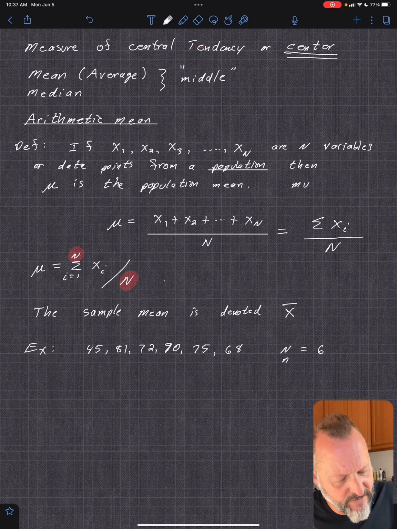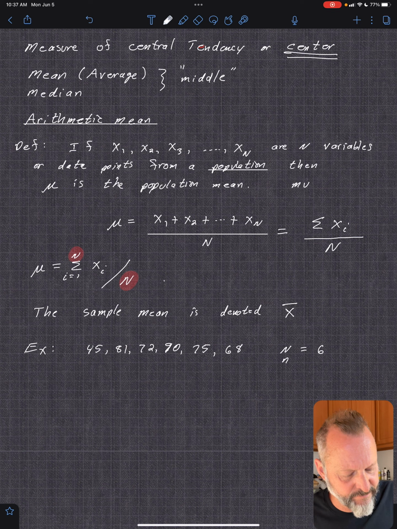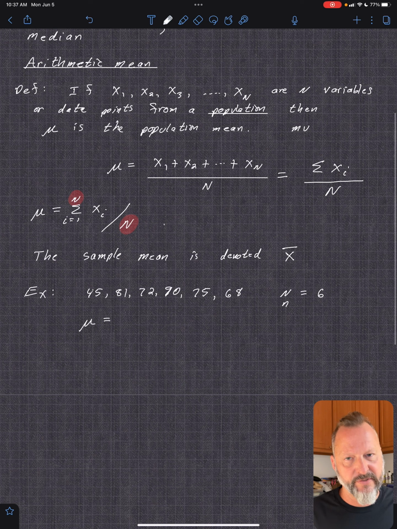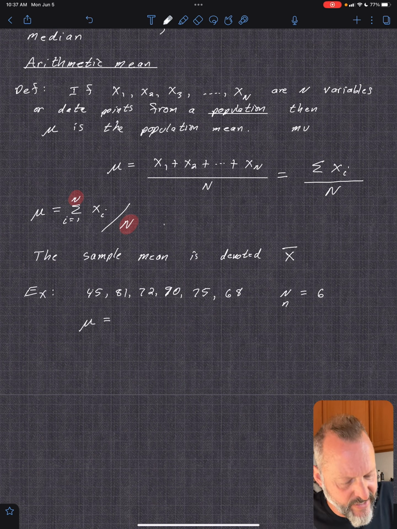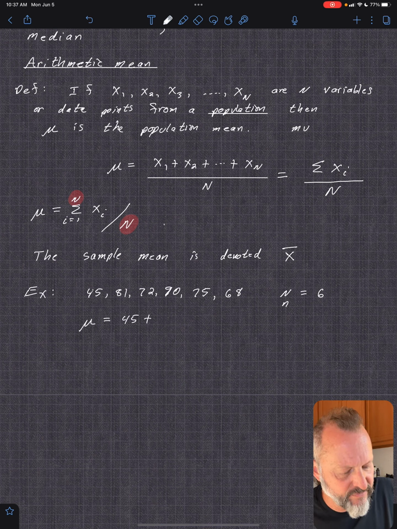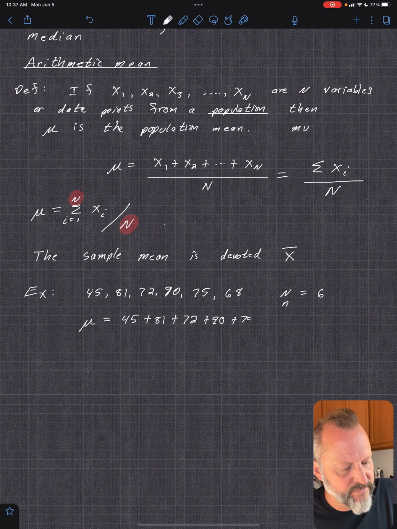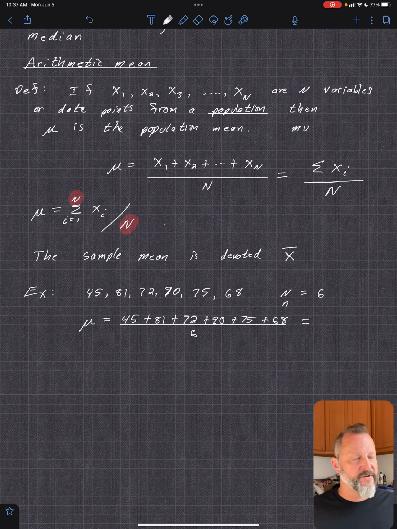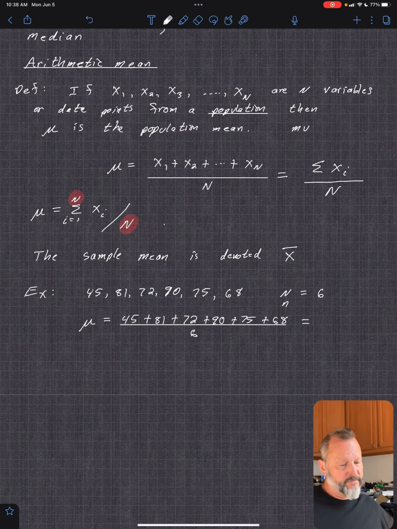So you want to add them all up. Okay, so you would say the mean, because we'll call this the entire universe is that. So the entire sample is that. You add them all up: 45 plus 81 plus 72 plus 90 plus 75 plus 68, and you divide by 6 and you say equals. So do that calculation. I will do it real quick too.